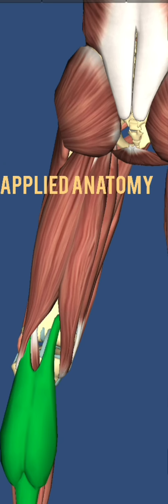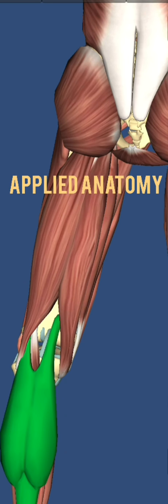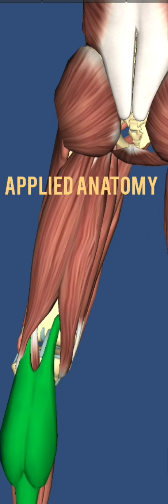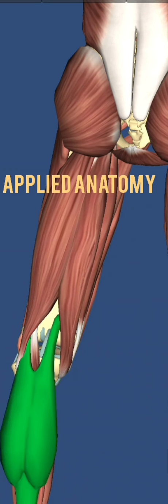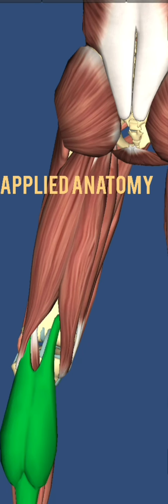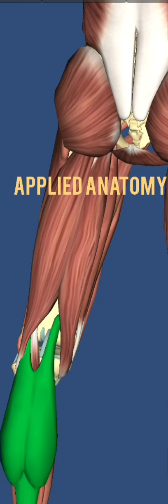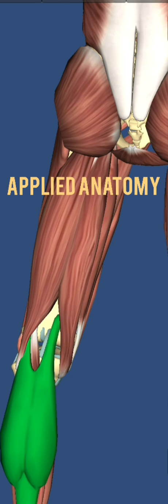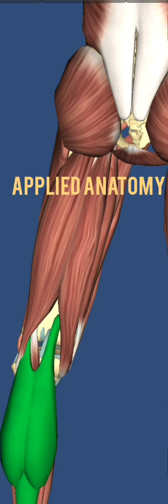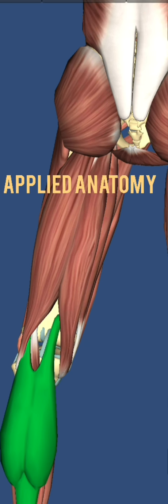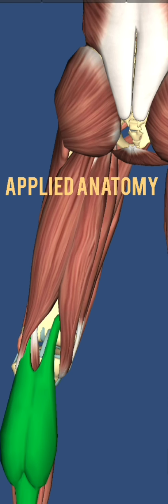So when there's an inflammation of the semimembranosus bursa of the knee joint, that is called the Baker's cyst. Of course, I'll be sending pictures of this inflammation to the group later on.